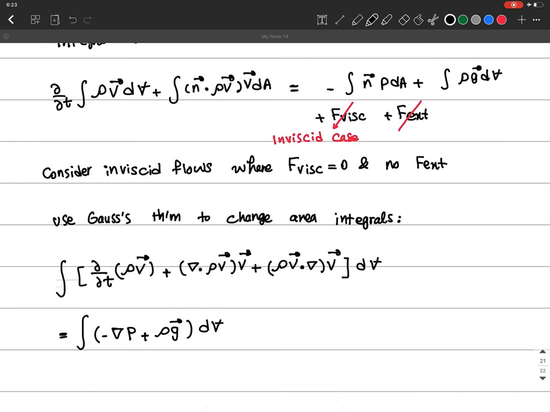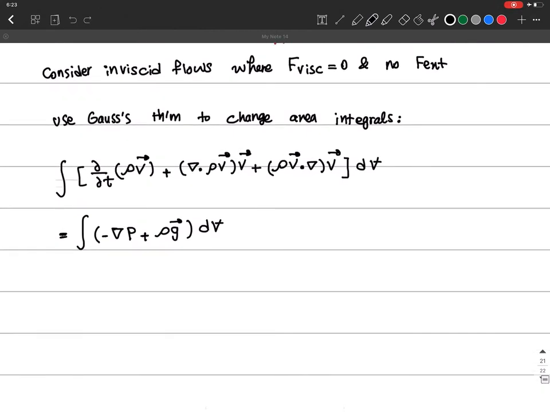We assume that we don't have viscous forces, so it's inviscid, and we don't have any external forces, so we neglect those forces.